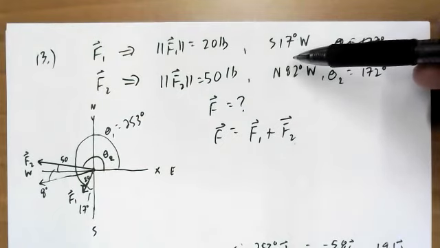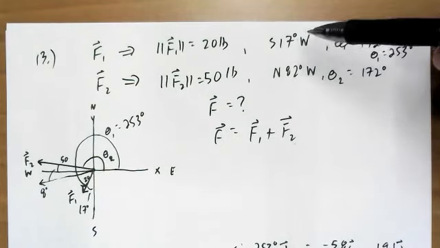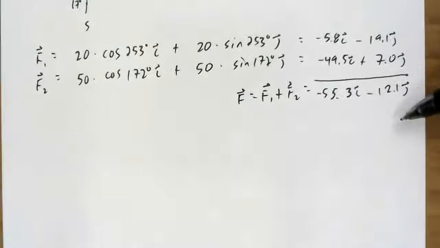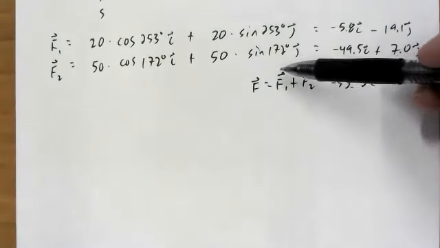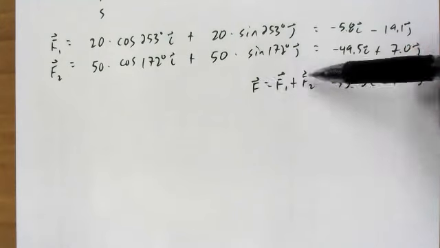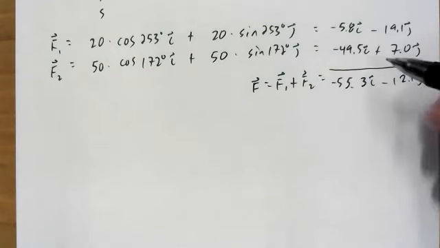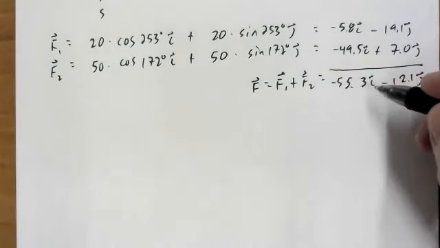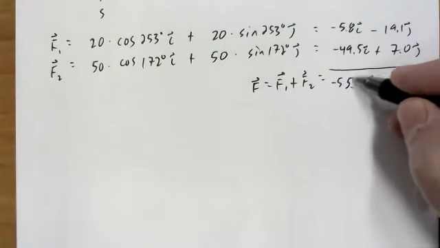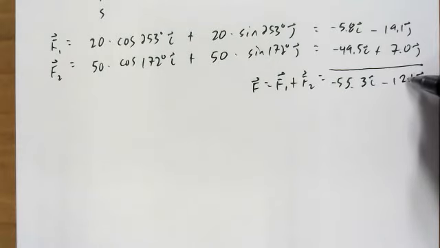And they even want the direction to be compass directions. So although I've added the vectors together, now I have to take my resultant force vector and convert it back to magnitude and direction. And once I do that, I have to work some more on my compass directions.